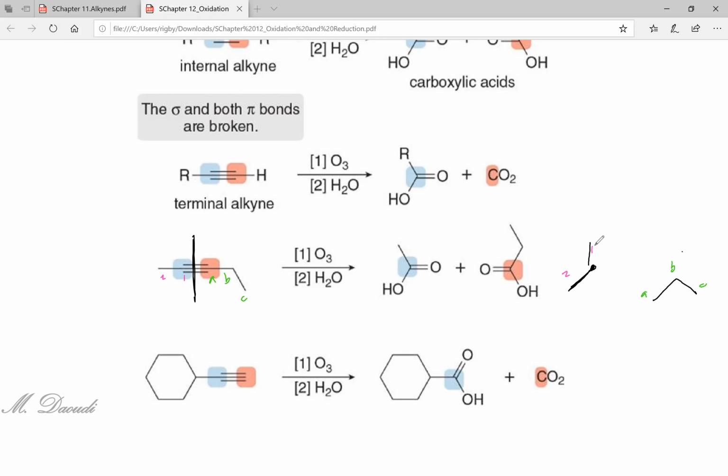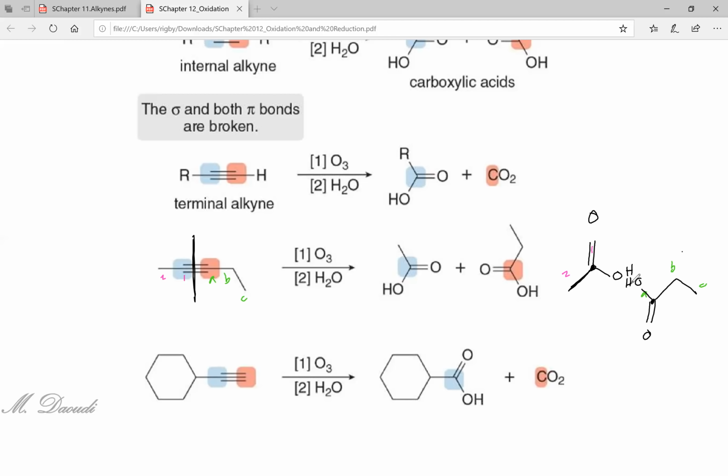So now that's going to be attached to a double bond oxygen and to an OH group. A was attached to my triple bond rather. So I'm going to add a double bond oxygen and an OH group. And so that's just generally how you do these.